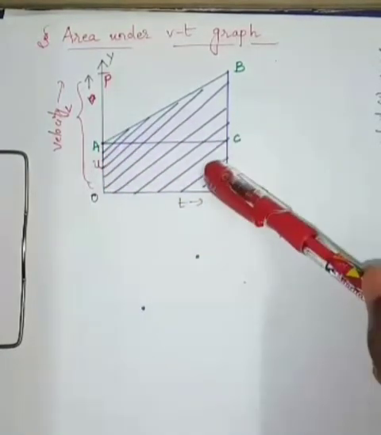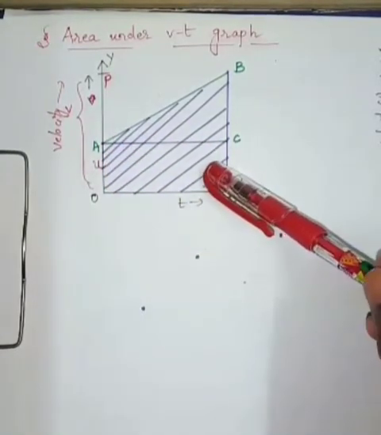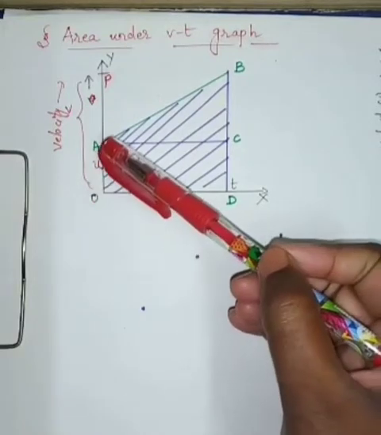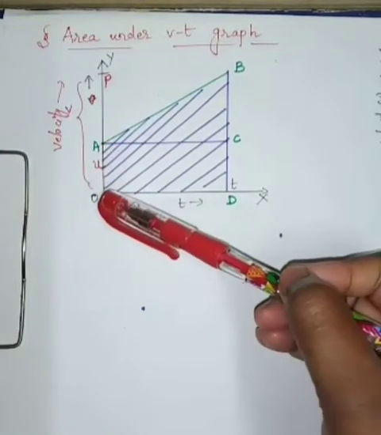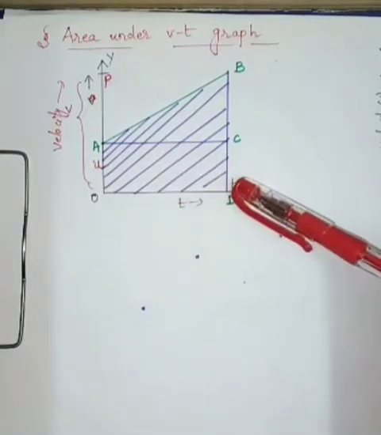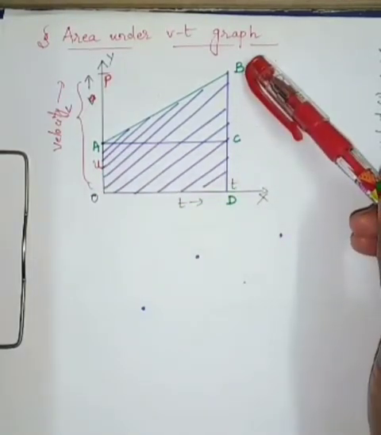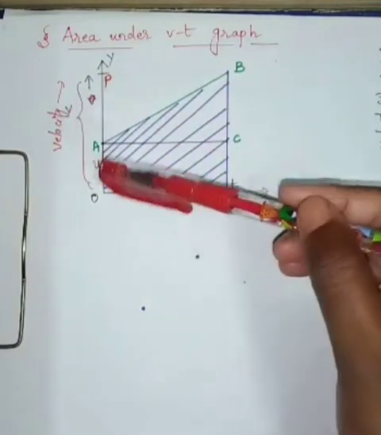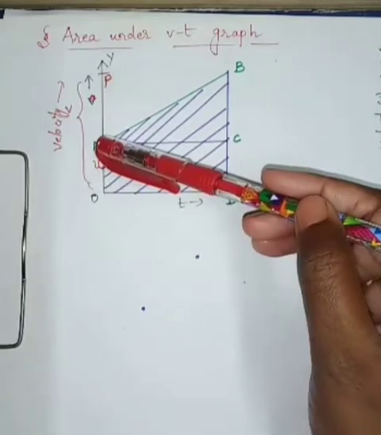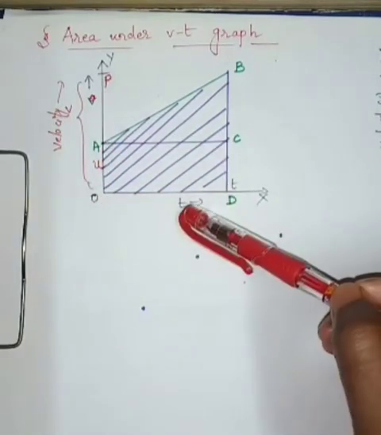Here is the plot of a motion of an object which was moving initially with the velocity u. At time t equal to 0, its velocity was u, and after time t, when it reaches the point B, its velocity becomes v. That is, OP is equal to v, OA is equal to u, and OD is equal to t.